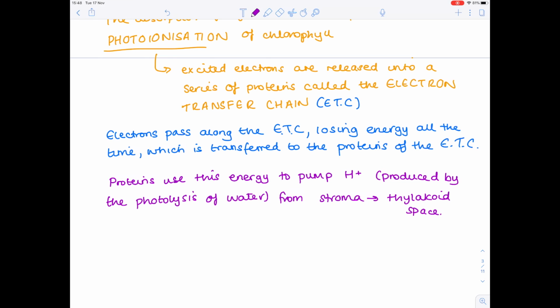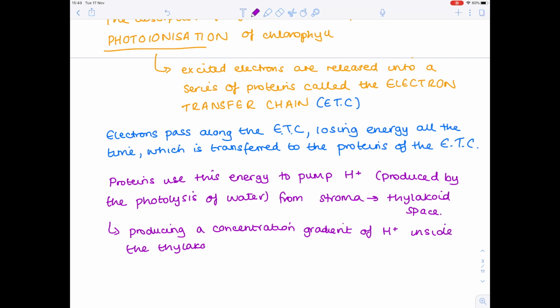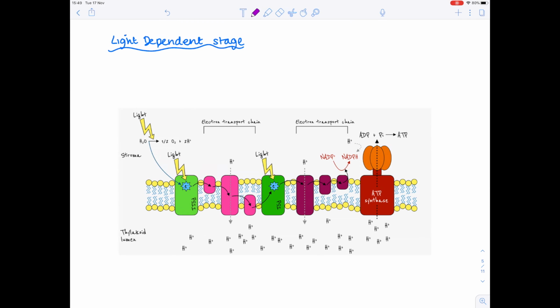And as you'd expect, this therefore leads to a buildup of protons inside the thylakoid space, and effectively you've set up a concentration gradient. And just to reiterate, we can see those hydrogen ions being pumped from the stroma through those protein channels into the thylakoid space, the thylakoid lumen, so we're getting a large buildup of protons, hydrogen ions within the thylakoid space.